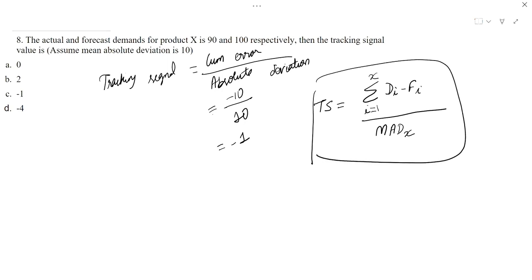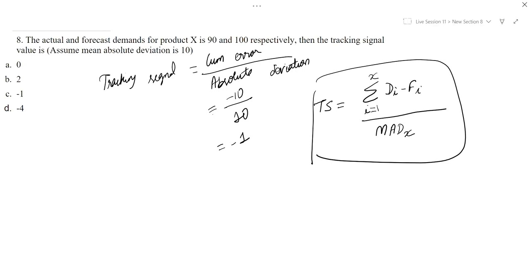This is the cumulative error, that is, we find out by the sum of di minus fi, divided by MAD, the mean absolute deviation of that particular data.